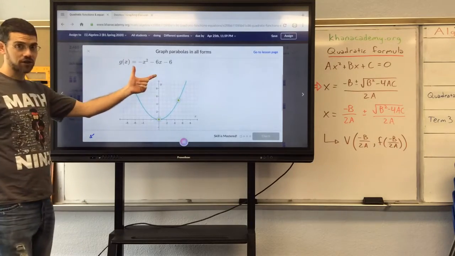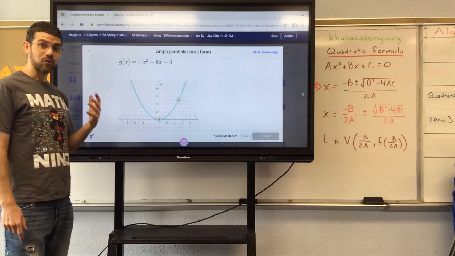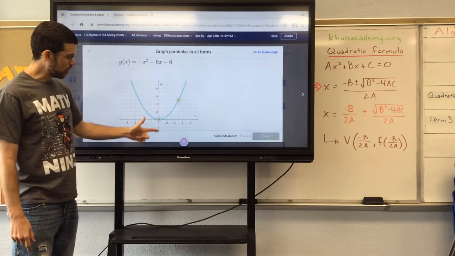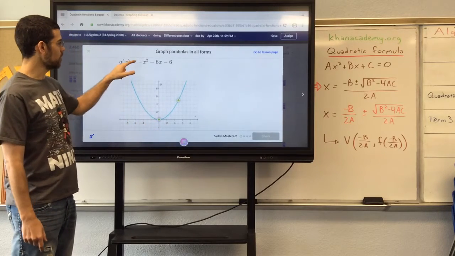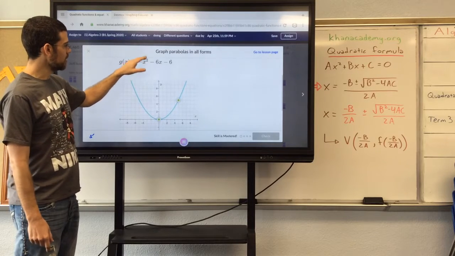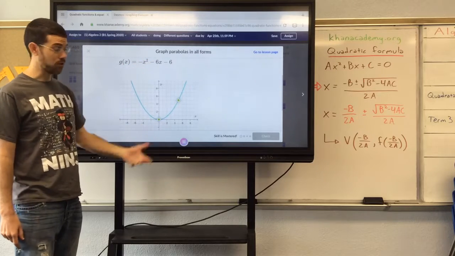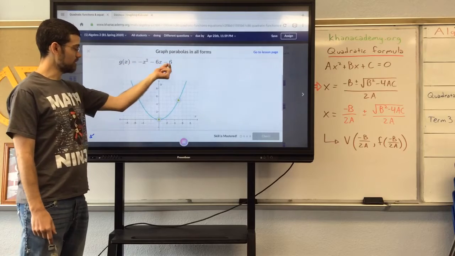So this is in standard form, and standard form is very simple to find the y-intercept of, because the y-intercept means you're on the y-axis, so the x value will be 0. So if you substitute 0 for x, that term becomes 0, that term becomes 0, and all you have left is the function value equals -6.